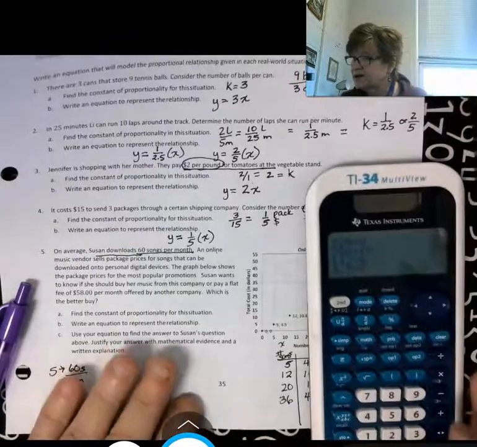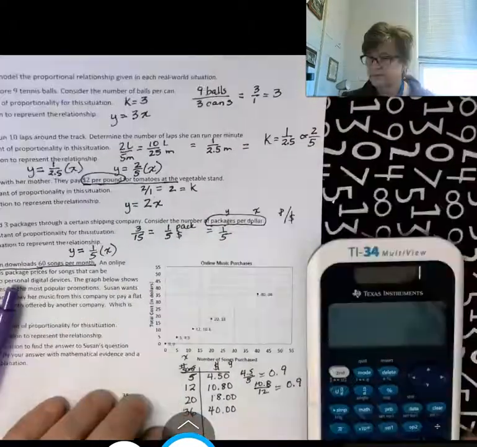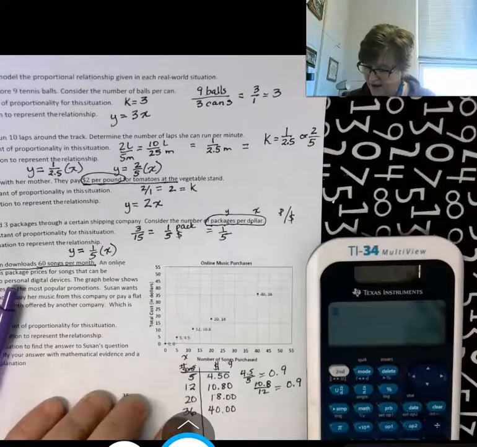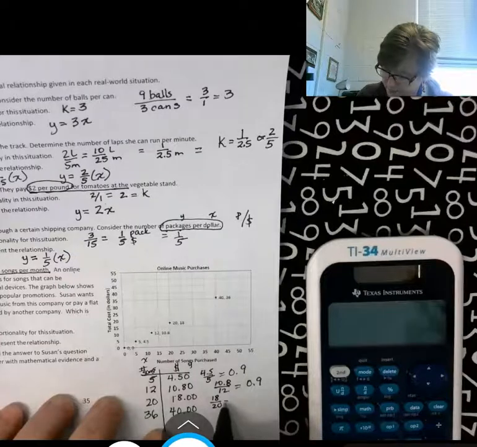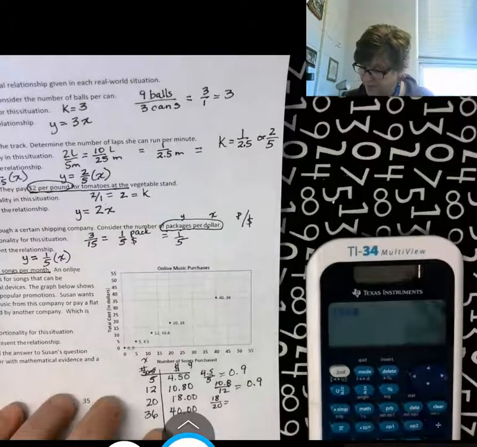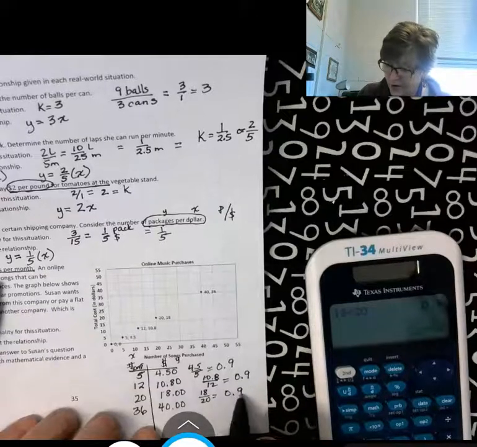It comes back at 0.9. And let's try the next one. And then we have 18 Y over X, 0.9, or 9/10.